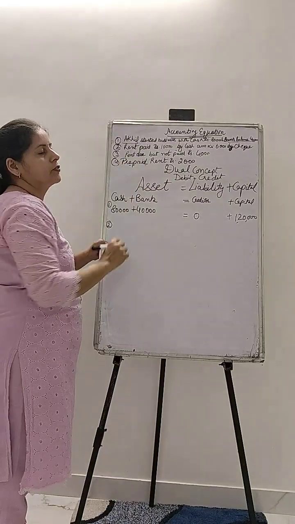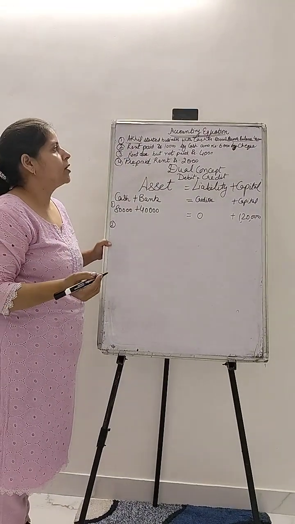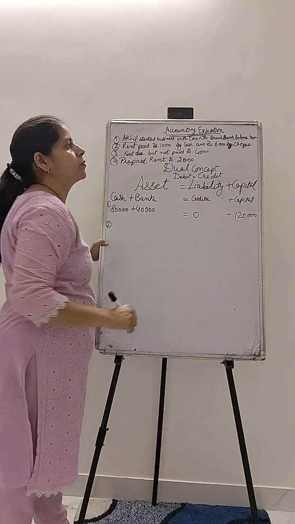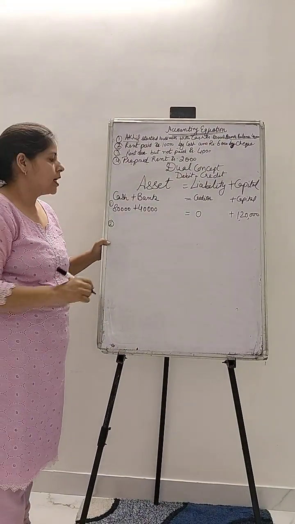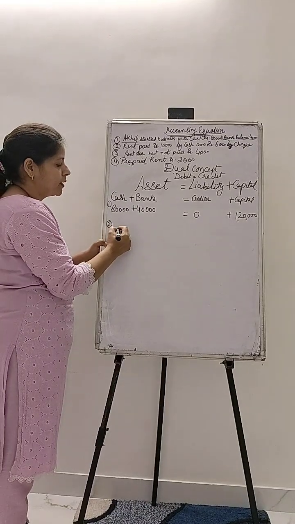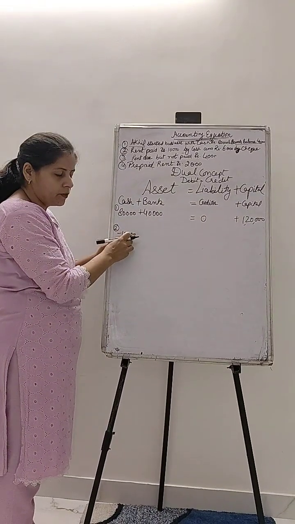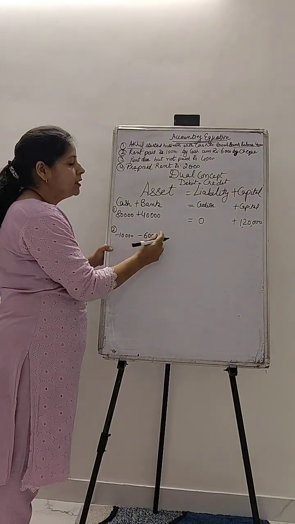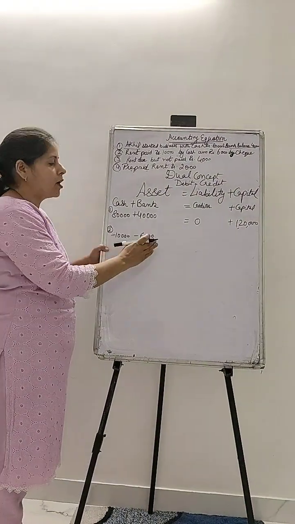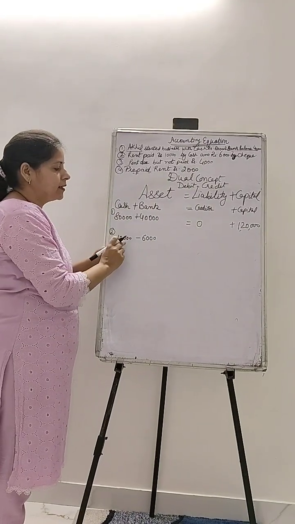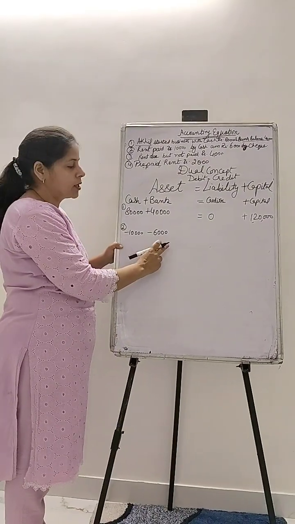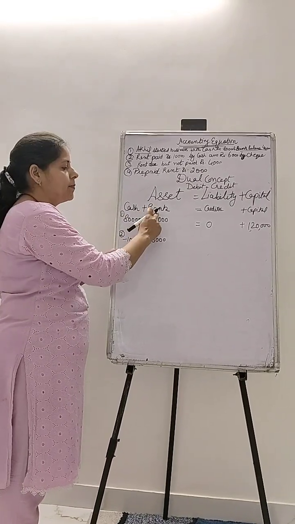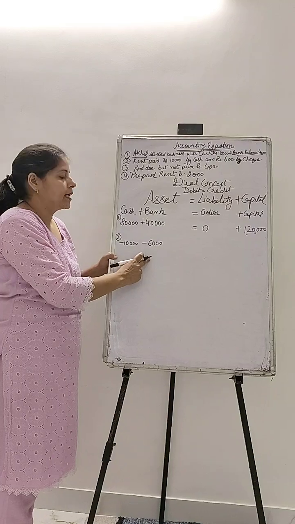Now the second part of the transaction is rent paid rupees 10,000 by cash and rent paid rupees 6,000 by cheque. Out of the business, rupees 10,000 is going from the cash balance and 6,000 from the bank balance. Credit what goes out with the rent payment of rupees total 16,000. Your cash balance is reducing and bank balance is also reducing.